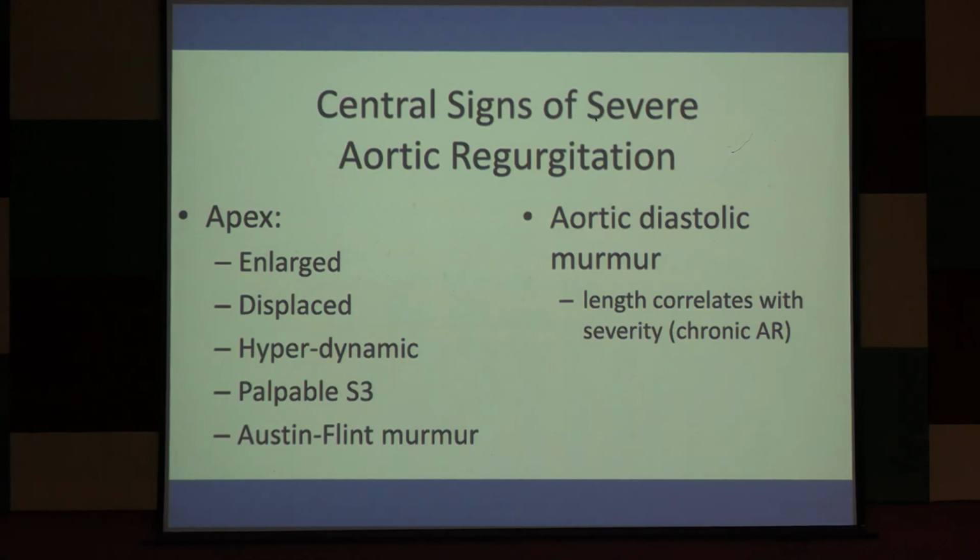But in case of root dilatation, the murmur is best heard along the right sternal border. So in case of leaflet pathology, the murmur radiation is along the left sternal border. In case of aortic root dilatation, the radiation may be along the right sternal border. This is the murmur of aortic regurgitation.